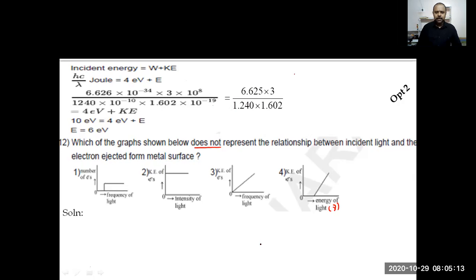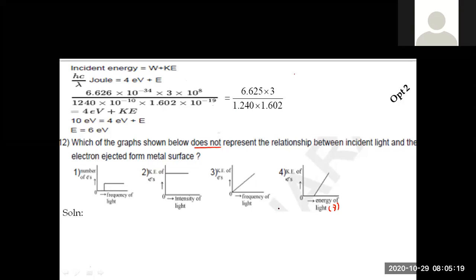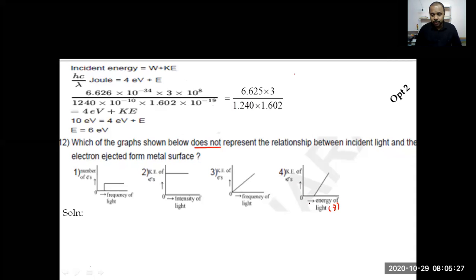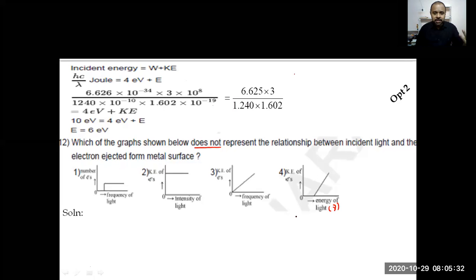Now, which is most correct here? Can you tell me which is most correct? The fourth one. Why? Because it is the photoelectric effect. That's how exactly the photoelectric effect happens. If some radiation is incident, not for all incident radiation will electrons be ejected.